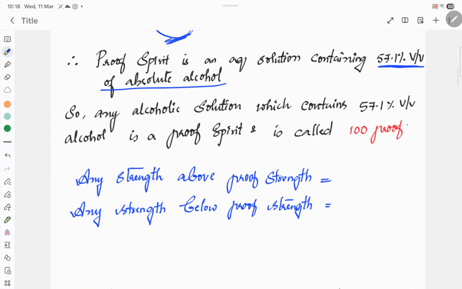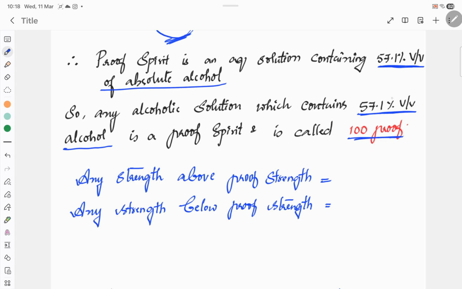So any alcoholic solution which consists of 57.1% volume by volume of alcohol is called a proof spirit, and it is called 100 proof.